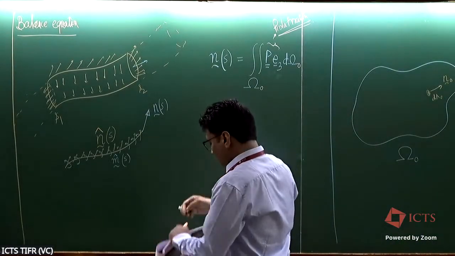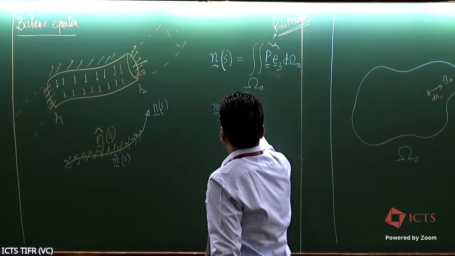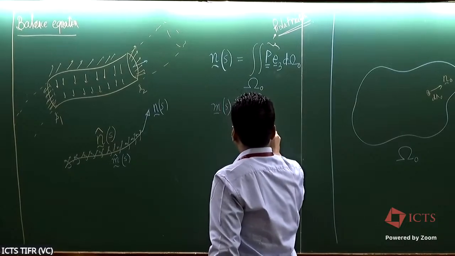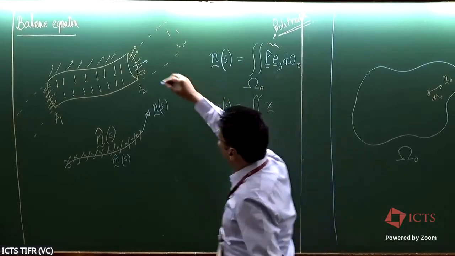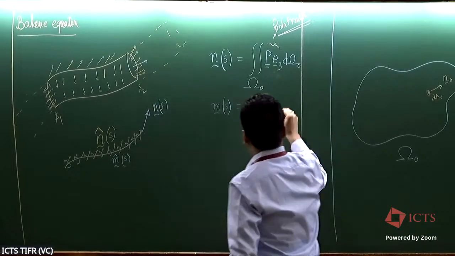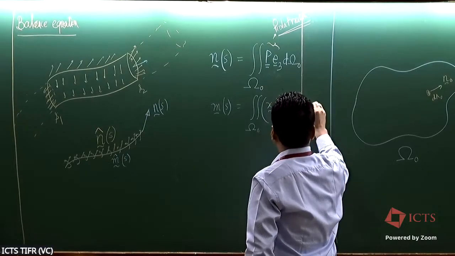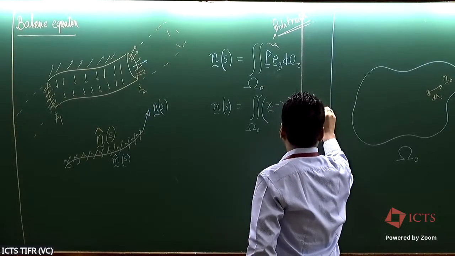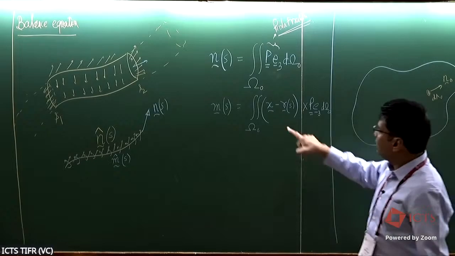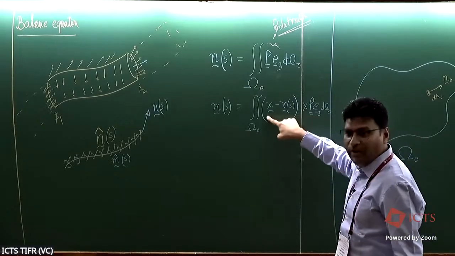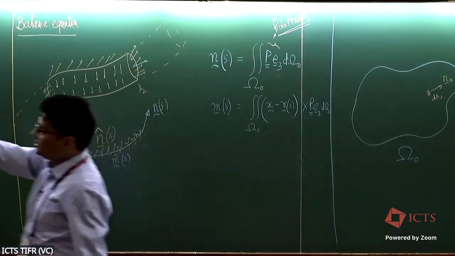And likewise, you can also define M of S as integration over the surface of any point in the cross section, let's say X, minus little r of S, cross product P E3 d omega naught. Notice that I didn't write this as big X alpha d alpha because I don't want to subscribe to this rigid cross-section kinematics.